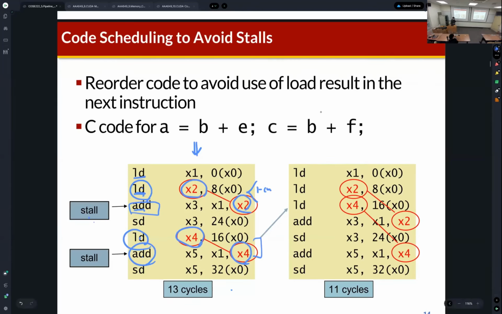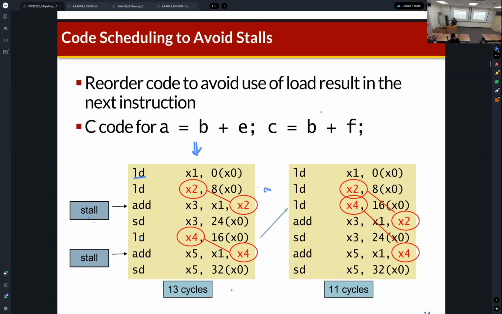So for this code, if we change the order of instructions, then we can solve this data hazard. But this should be done by the compiler, not hardware. So this is the compiler optimization technique.